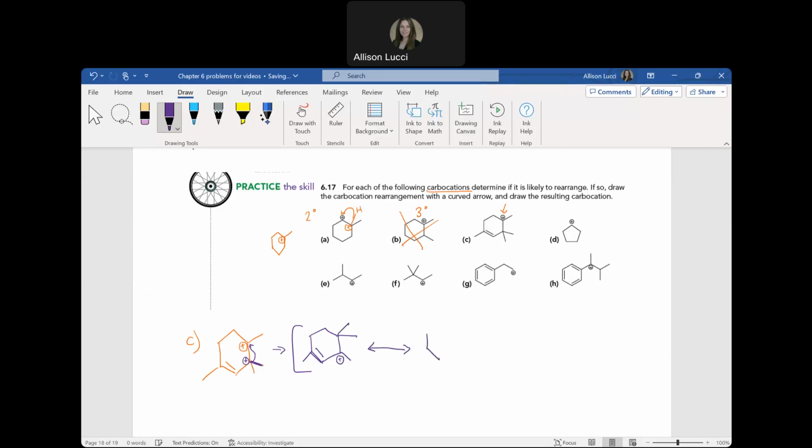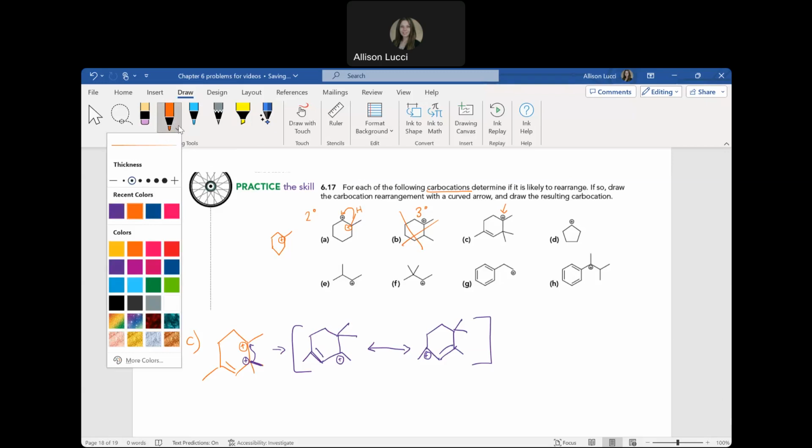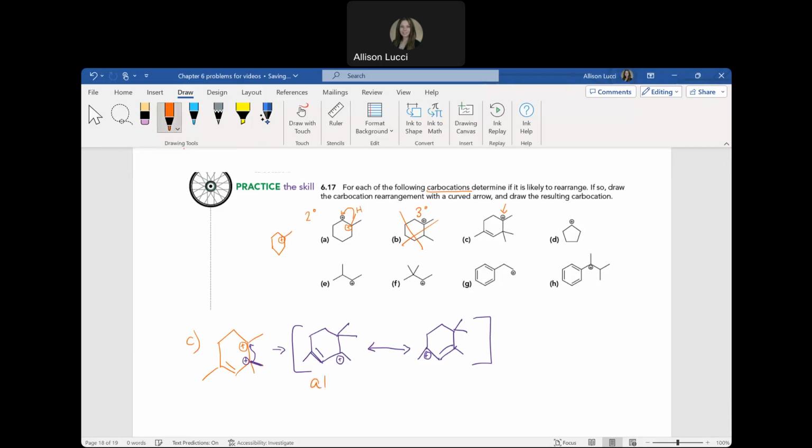That tertiary carbocation can become slightly more stable in this specific case. This is one of the rare cases where you will see a tertiary carbocation rearrangement happen, only if it would become this allylic carbocation, which is stabilized through resonance.